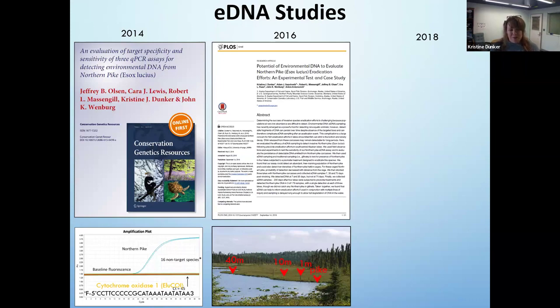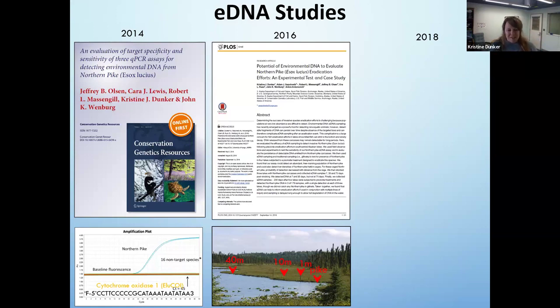We collaborated with Adam, as I mentioned earlier, and Ora Russ with Fish and Wildlife Service to study the efficacy of using eDNA to evaluate treatment success. So this study involved investigating detection probability with distance from caged pike. And we also looked at detection timing after the caged pike were killed, as well as post-treatment detection in 4 recently eradicated lakes.